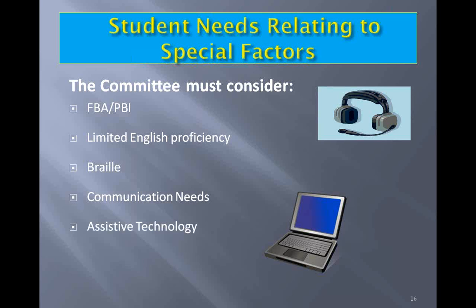It also would look at assistive technology, which could be anywhere from a pencil grip to a laptop. It could be low-tech, high-tech. It's what does the child need, and what other supports can we give the student to be successful in school. Okay.